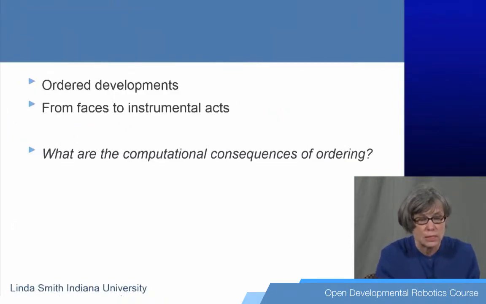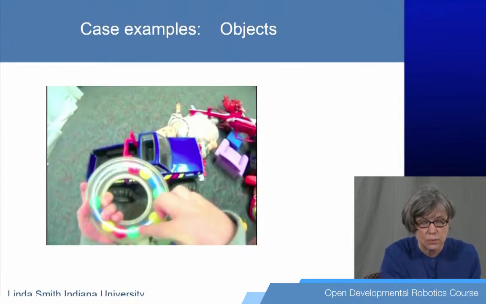So again, the point here is that we see ordered developments in the visual input from faces to instrumental acts, and I think there is an important theoretical question as to what are the computational consequences of this kind of ordering.